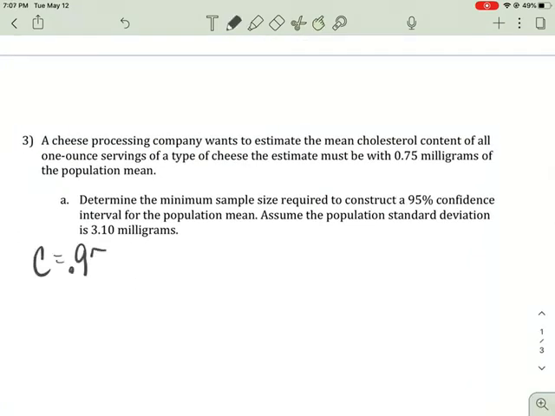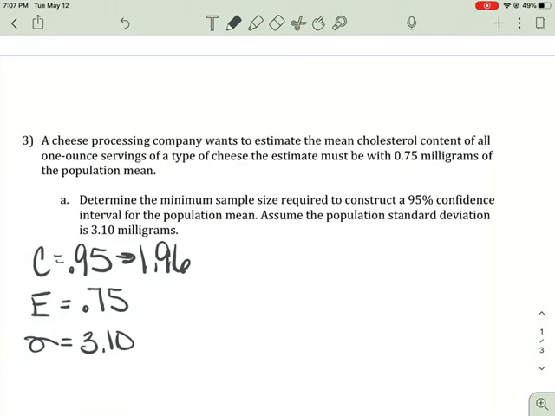Our C level is 0.95, and I believe that's 1.96 for the Z. Our E is 0.75, and our omega is 3.10.